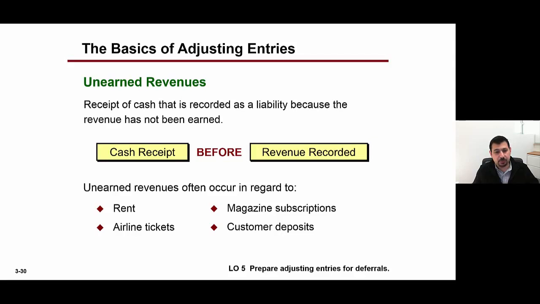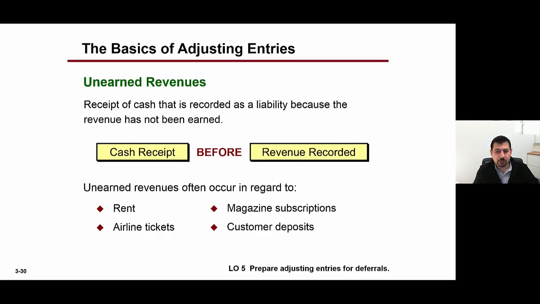And this is why now there's a new obligation that the company has to satisfy. Basically they have this performance obligation. They need to perform a certain service or to provide a certain product. In the case of magazines, they have to deliver 12 volumes to the client.